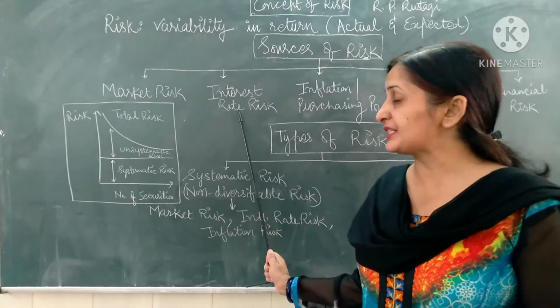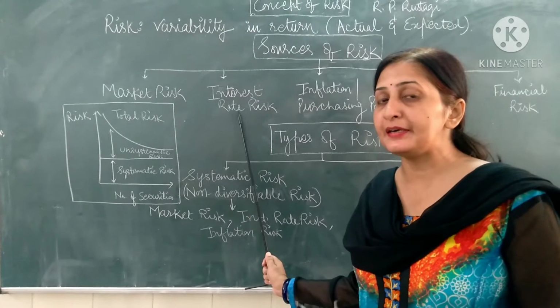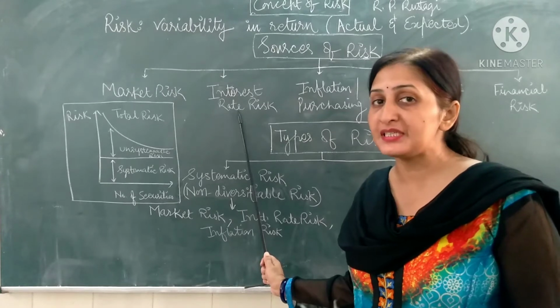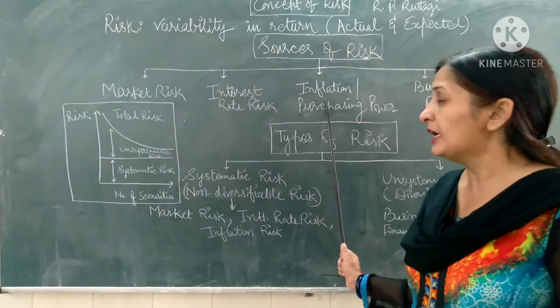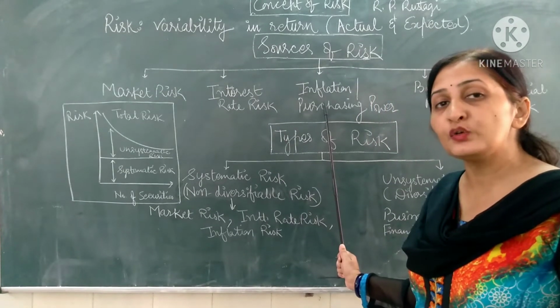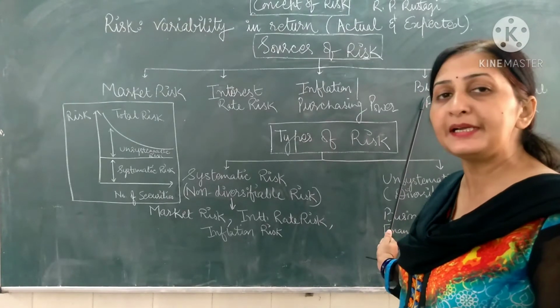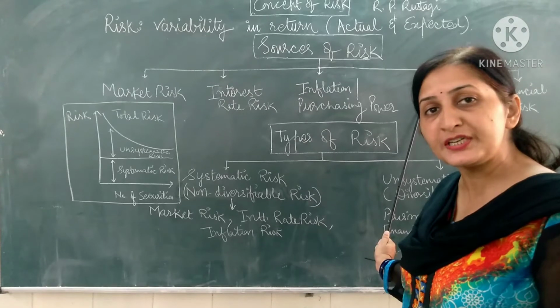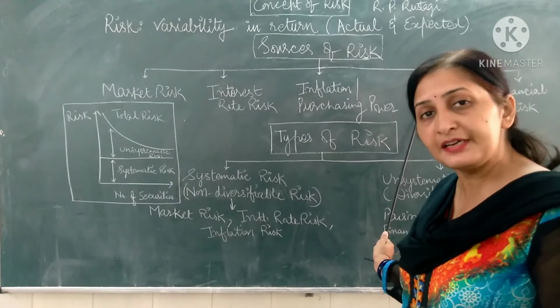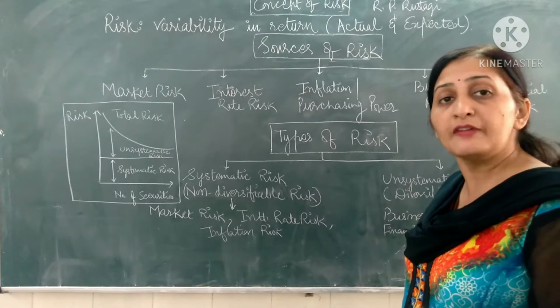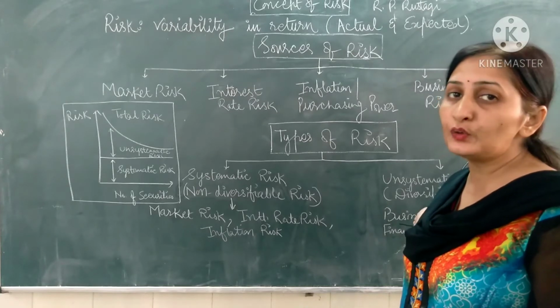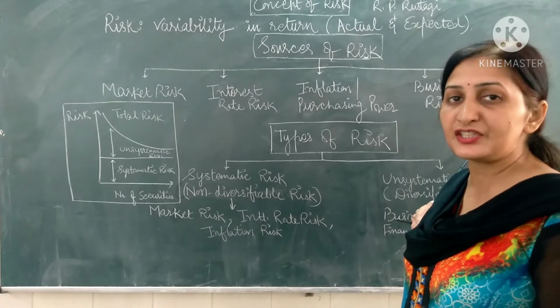Interest rate risk will be variability in return due to change in interest rate. Similarly, variability in return due to inflation is inflation risk. Variability in return due to change in business income is business risk, and variability in return due to financial factors is financial risk.